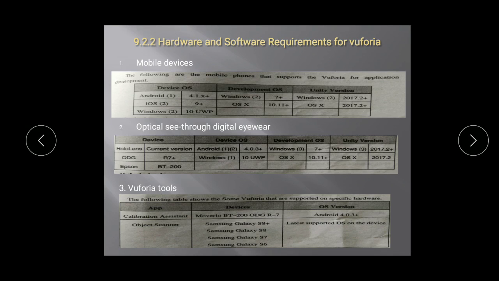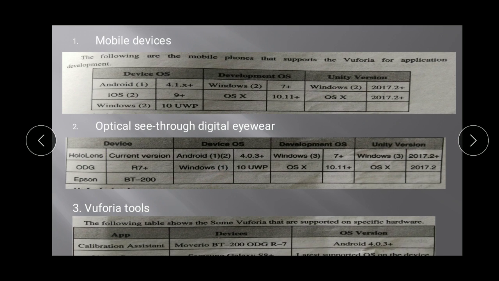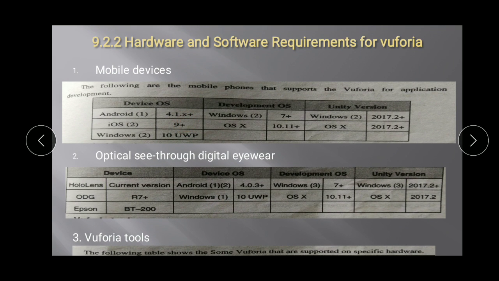Now when we talk about the hardware and software requirements for Vuforia in mixed reality or augmented reality, the first one is mobile devices. When we are talking about mobile devices, the device can be Android 4.1 plus, development OS can be Windows 7 plus, Unity version can be 2017.2 plus, and iOS can be 9 plus version.